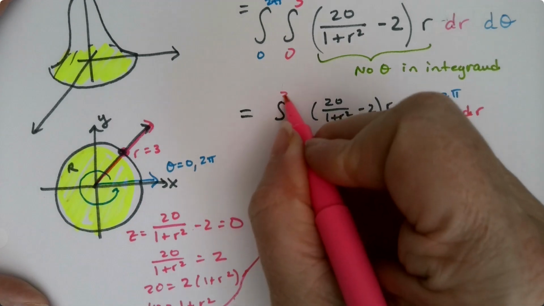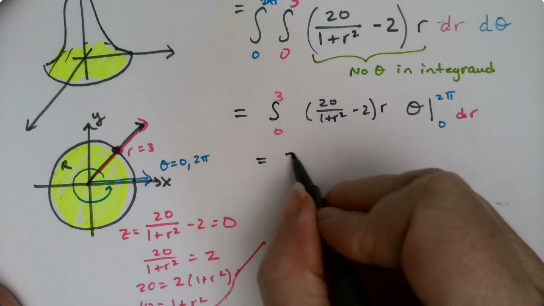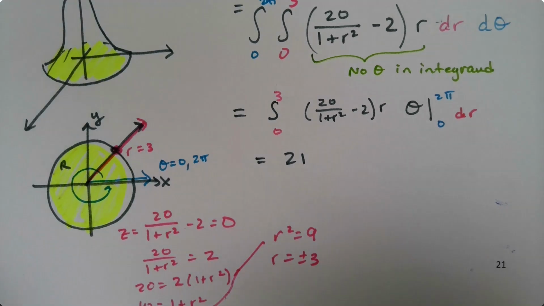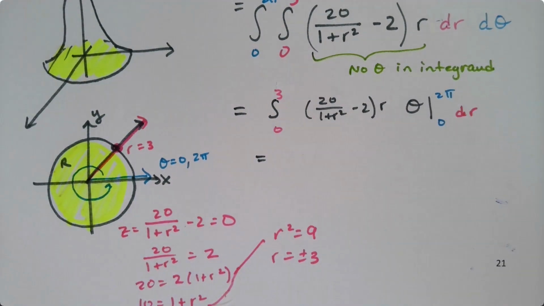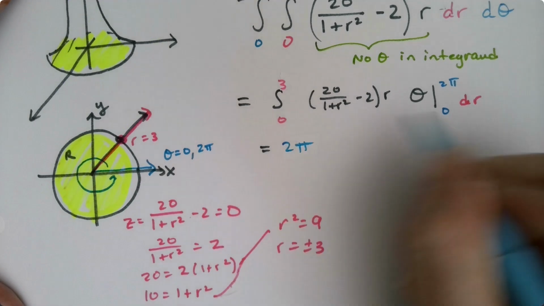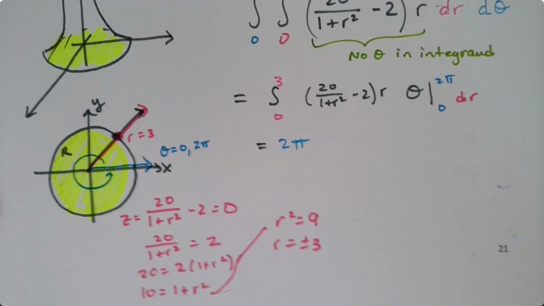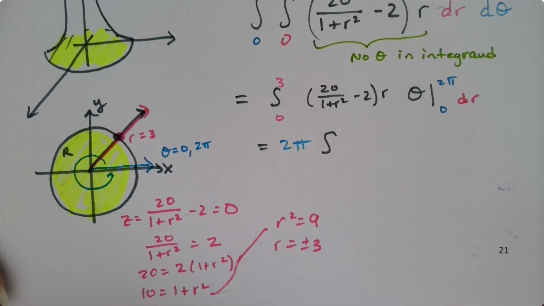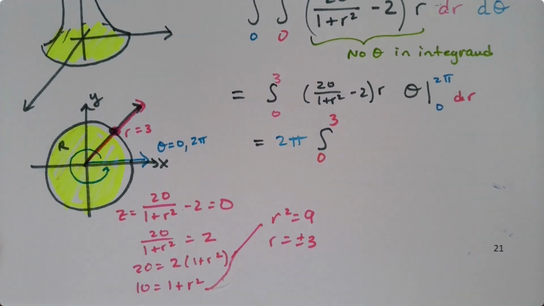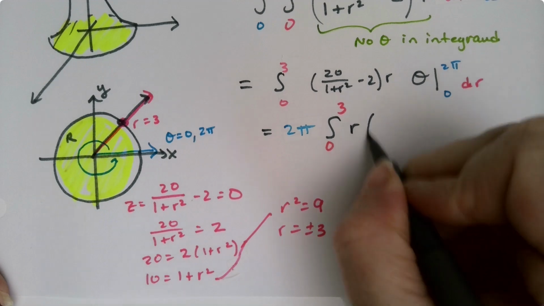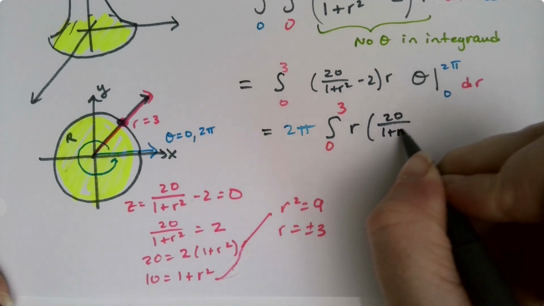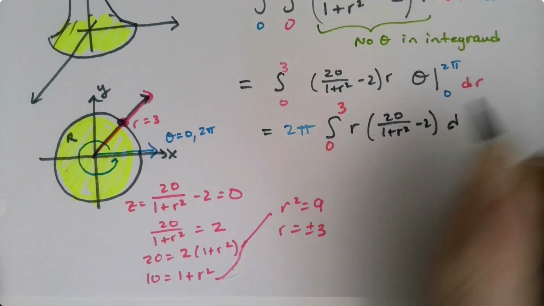So it just becomes 2 pi out in front of the whole thing. Actually, let me do it in blue, because it's coming from that theta. So it's 2 pi times the integral from 0 to 3 of this whole mess, r times 20 over 1 plus r squared minus 2, dr.